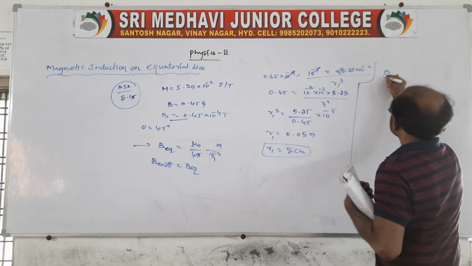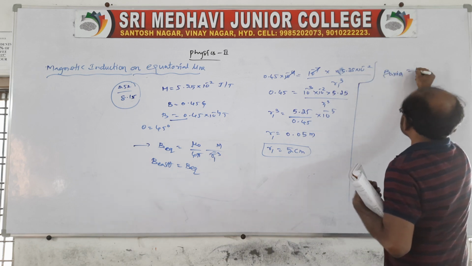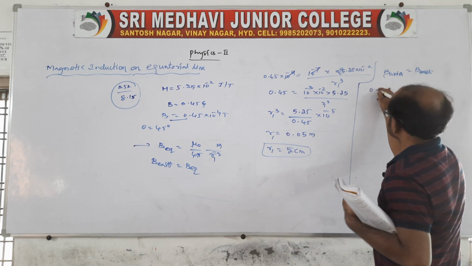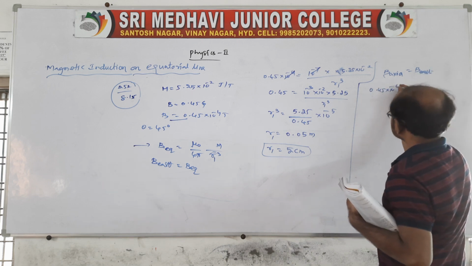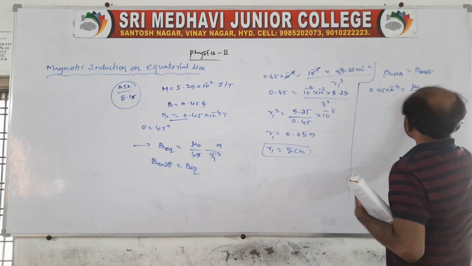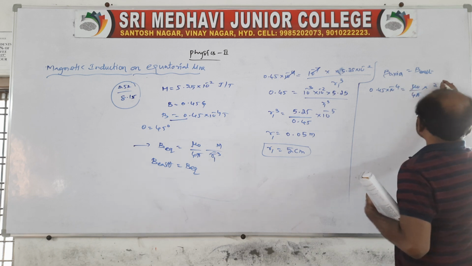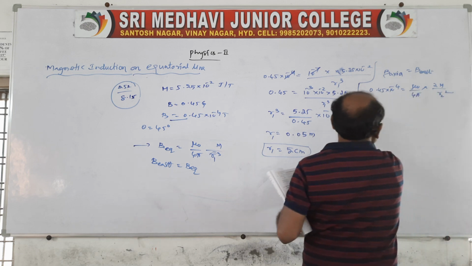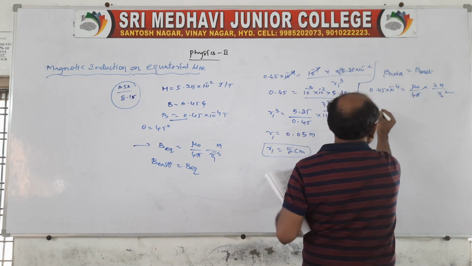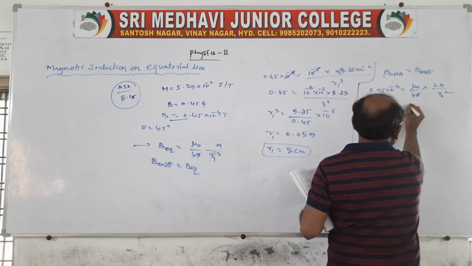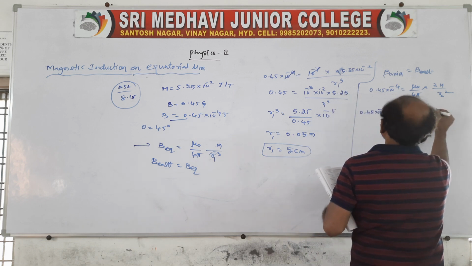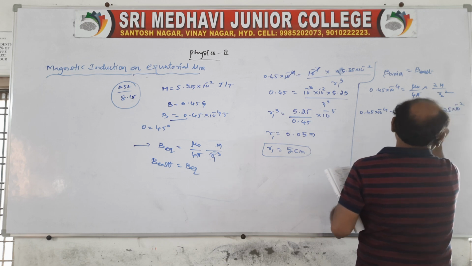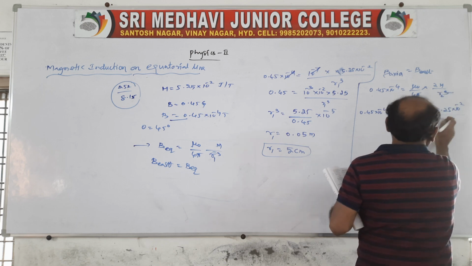So you take B axial is equal to B earth. Of course, B earth is 0.45 into 10 power minus 4, mu naught by 4 pi into 2m by R2 cube. Again the same multiplication, it is 10 power minus 7, 2 into 5.25 into 10 power minus 2 by R2 cube, right?